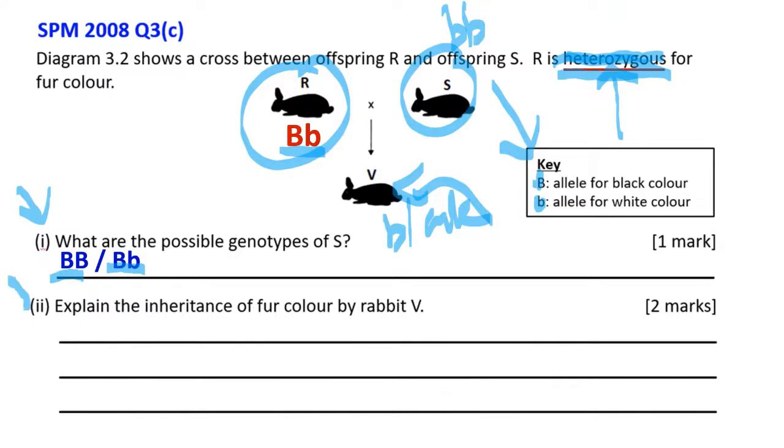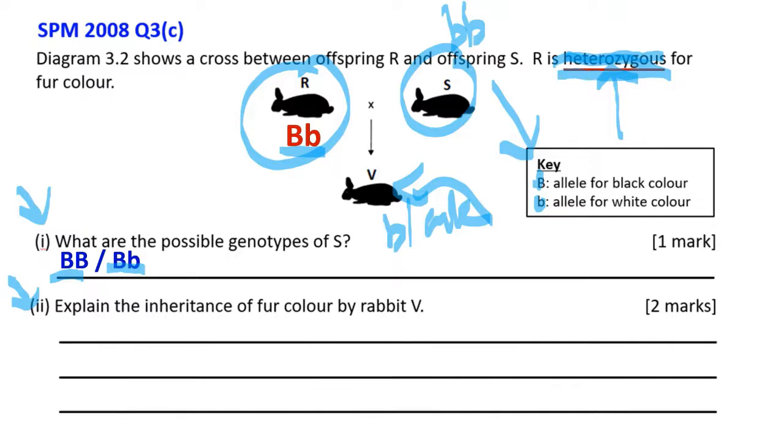Next question. Explain the inheritance of fur color by rabbit V. This means that the question wants you to explain why the fur color of rabbit V is black. For this question, you might find it easy to explain by just drawing or writing the genetic diagram.